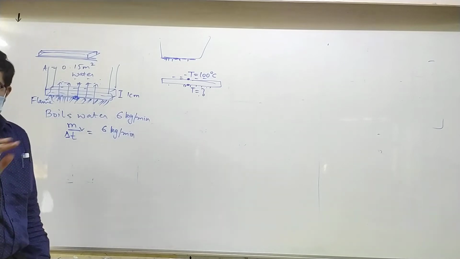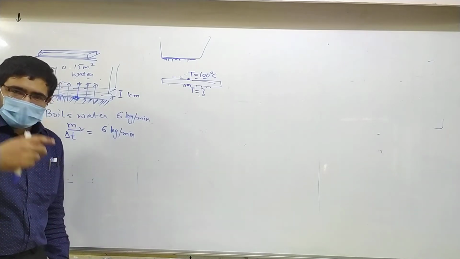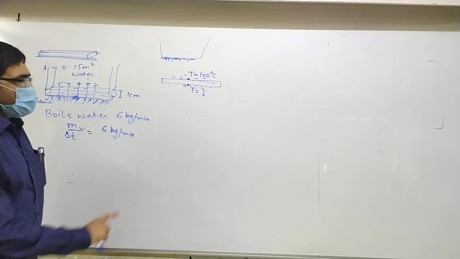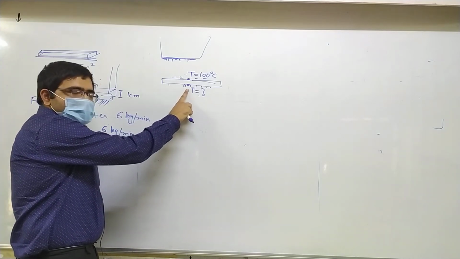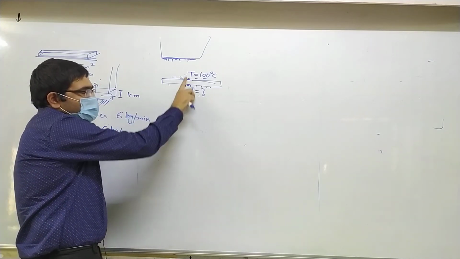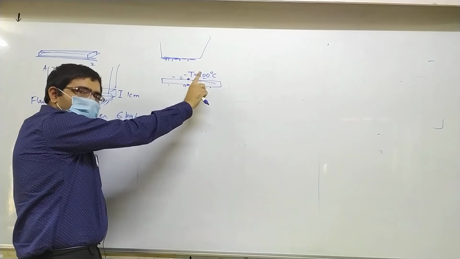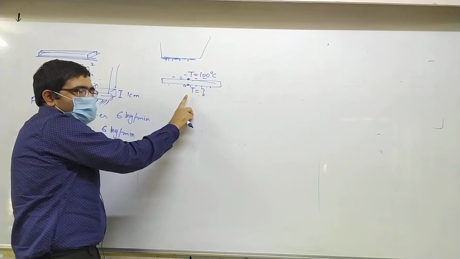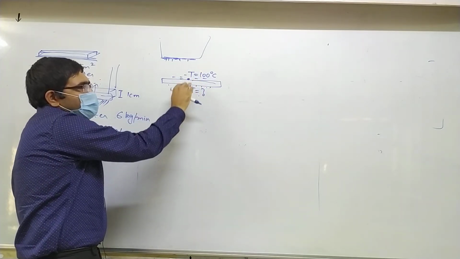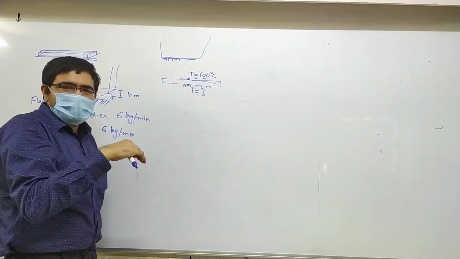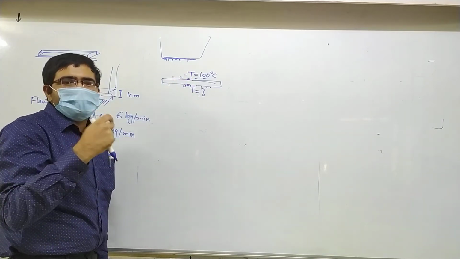See, the idea to solve this question is as follows. This will be very hot. So heat will flow from bottom to top. Now, when that heat reaches the top, it will be received by water.